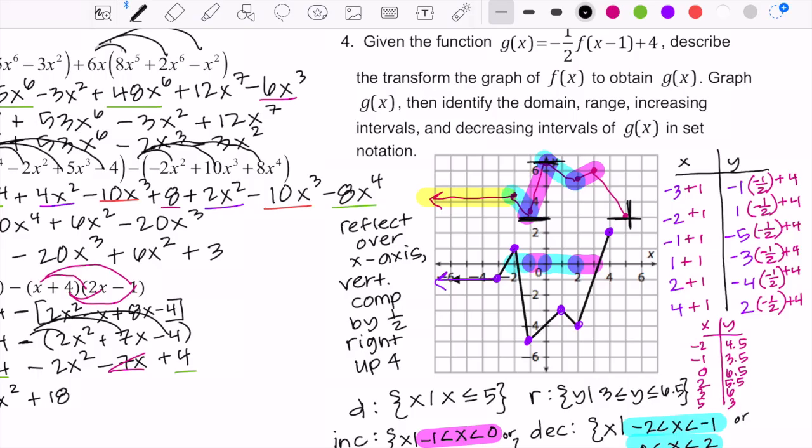And we just use the word or in between those. It's going uphill here or here. But that graph isn't finished. It is still going downhill right there. So there's 3 highlights of it going downhill, and it's going downhill from 3 to 5. So we've got 3 of them for decreasing.